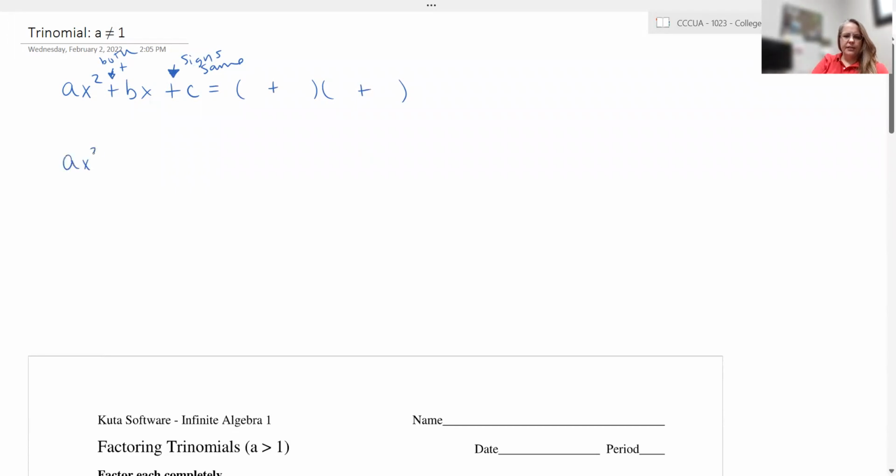If I have ax squared minus bx plus c, the signs are the same, but now they're going to be minus. So when I open up my two sets of parentheses, I can put minus and minus.